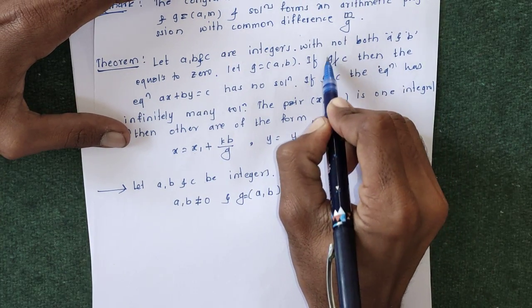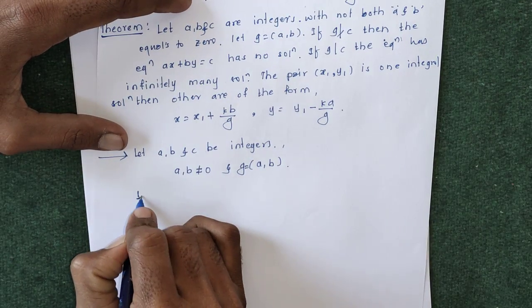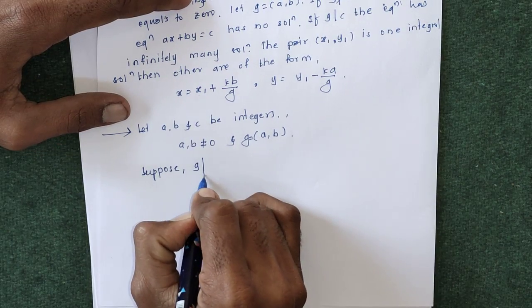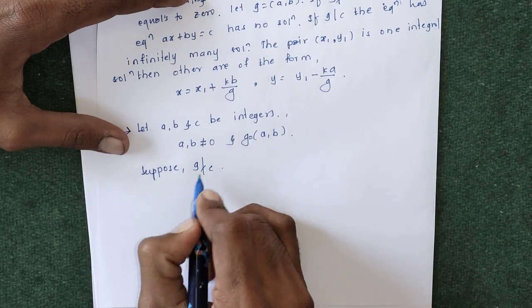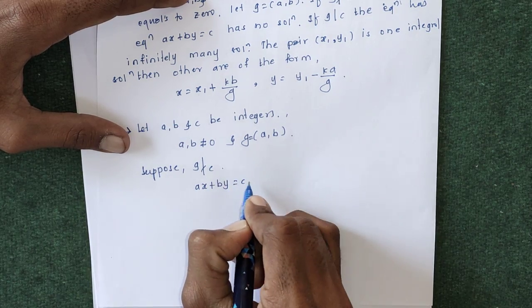First of all we will suppose G doesn't divide C and we will prove this equation has no solution. Suppose G doesn't divide C. Now we have to prove that this equation Ax plus By is equal to C has no solution.